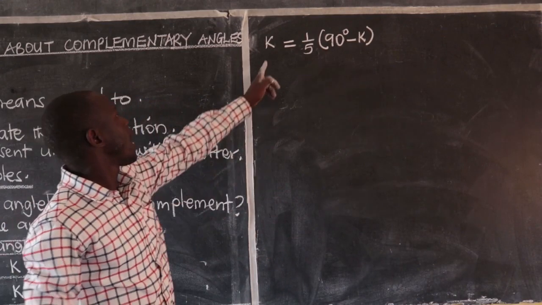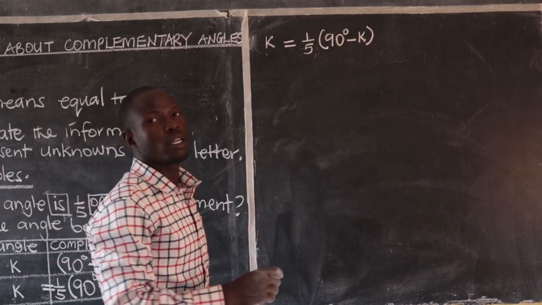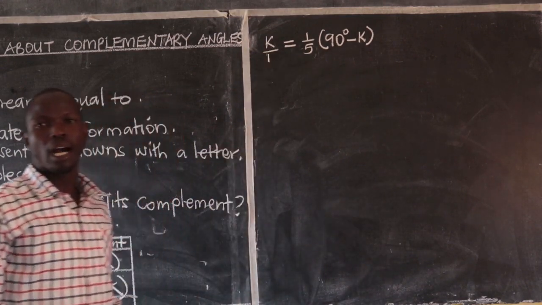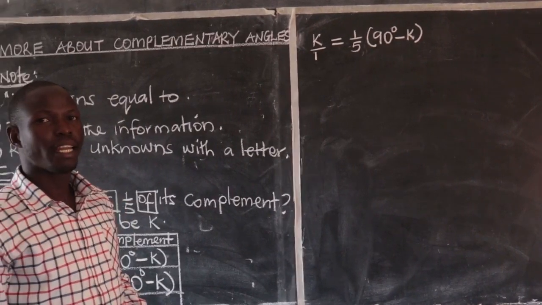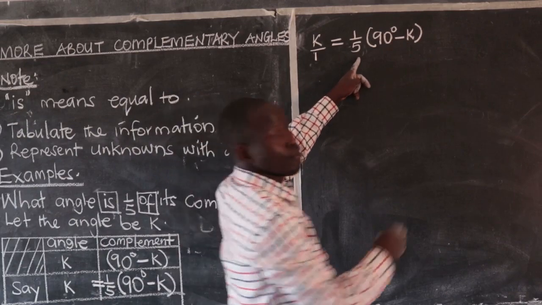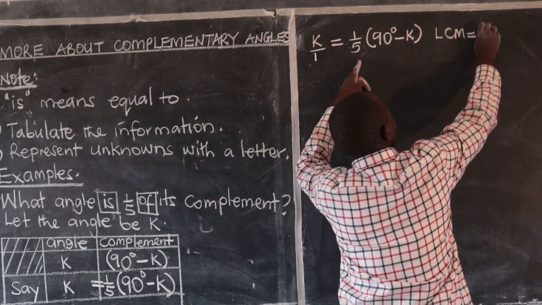Now since K has no denominator and we can see there is a fraction here, it's important that we also give it a denominator 1. And then from there we identify the LCM of 1 and 5, which is 5.